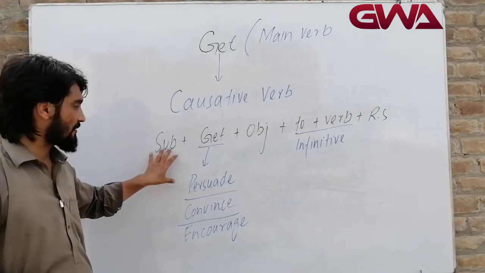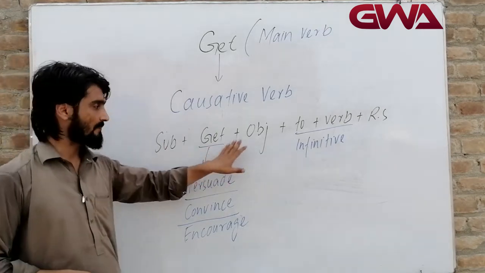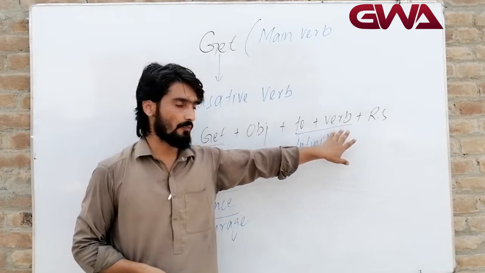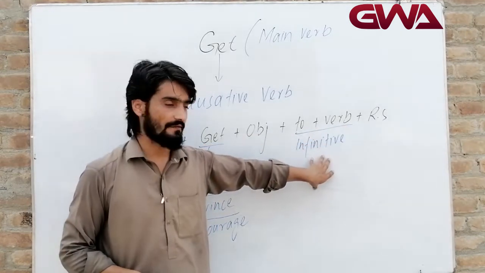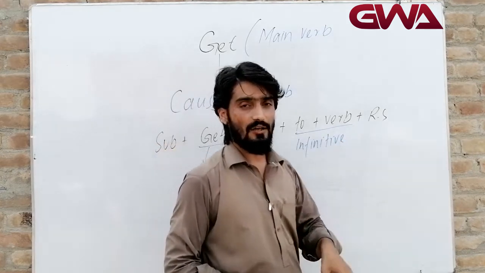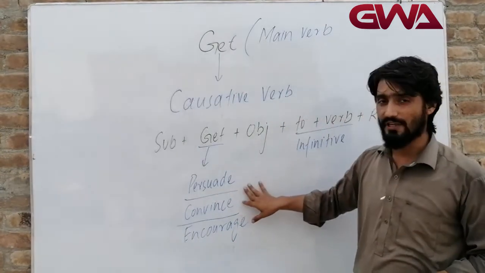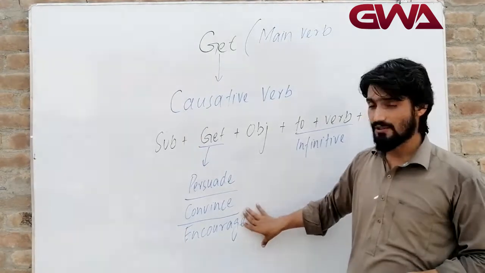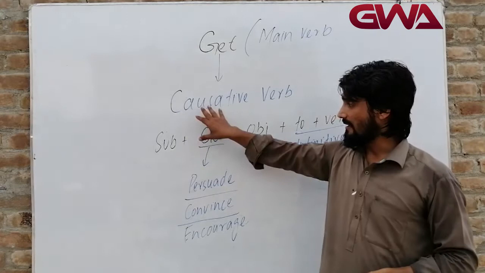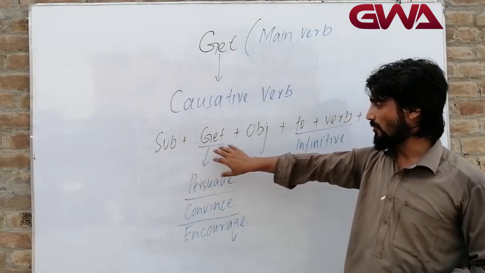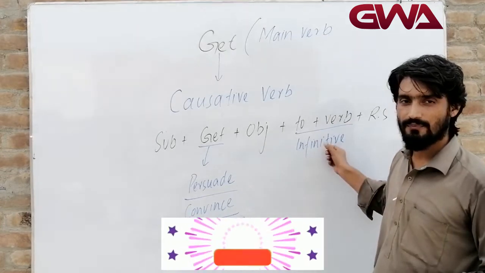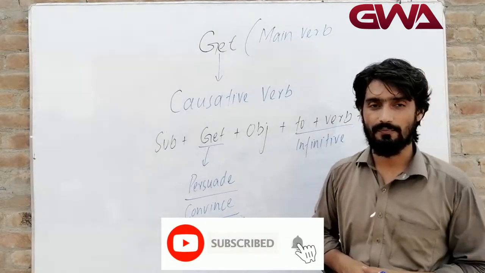The structure is subject plus get plus object plus to plus verb 1, which is also called infinitive, plus rest of the sentence. As a causative verb, get means to persuade, to convince, to encourage. Here, the subject will persuade the object to perform this activity.